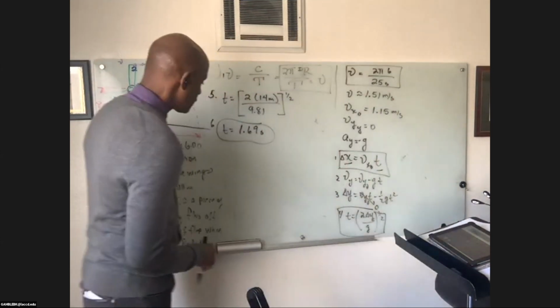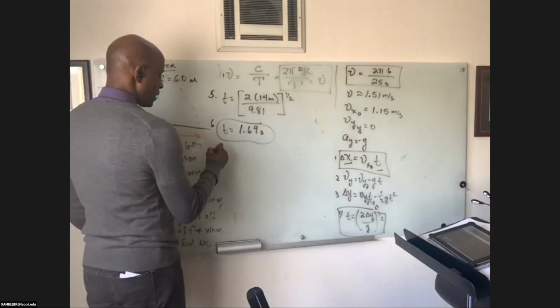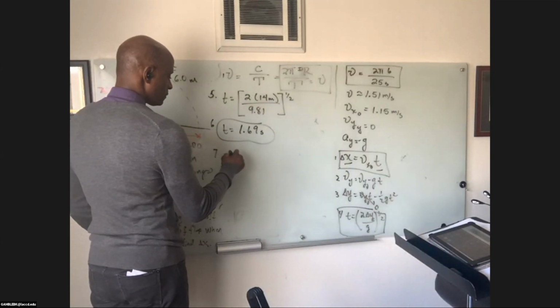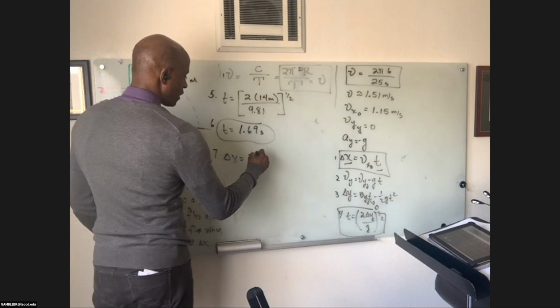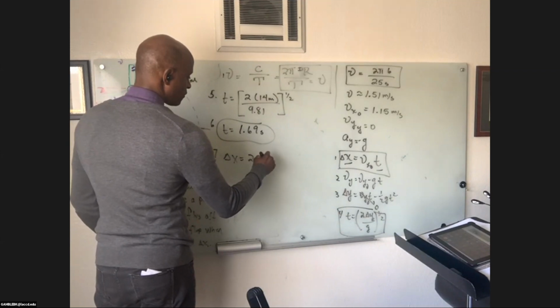Again, no truncation. In the end, you have delta x equals 2.55 meters.